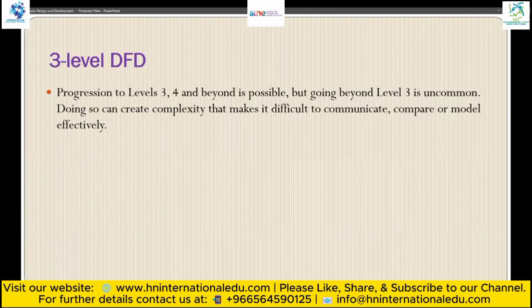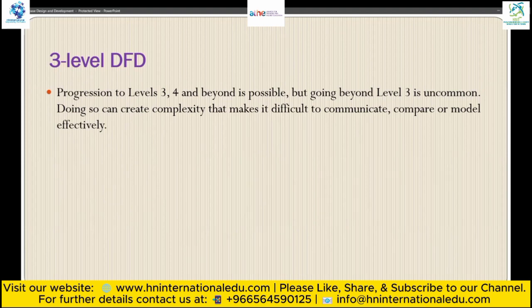Third level DFD. Umar, can you please read it? Yes, sir. Progression to level 3, 4, and beyond is possible, but going beyond level 3 is uncommon. Doing so can create complexity that makes it difficult to communicate, compare, or model effectively.